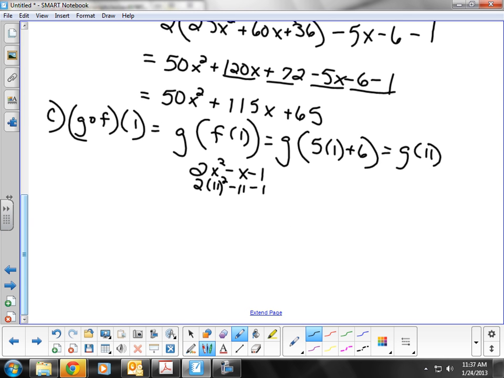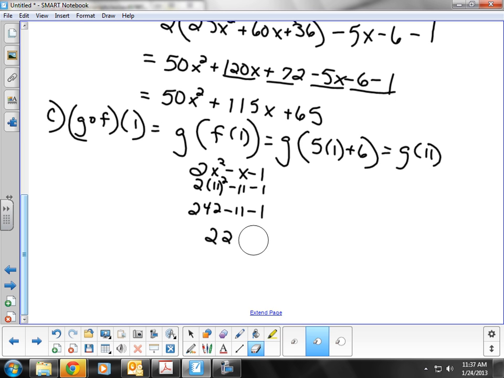So it's 121 times 2, 242, minus 11 minus 1, minus 12, so that's 220? No, 230. Yes? Or like I say, you could have put the 1 into the composite function that you did, and that would have given you 50 plus 115 plus 65, which would have given you the same 230. Okay?